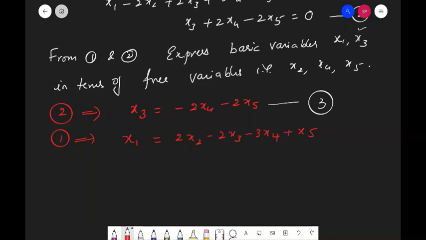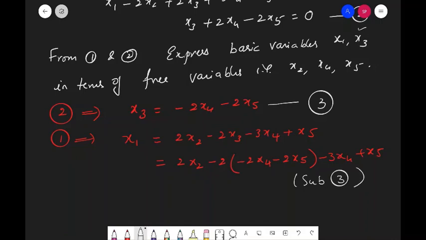In this I have x3 value already in 3. Substitute x3 value. So you will get 2x2 minus 2 into (minus 2x4 minus 2x5) minus 3x4 plus x5. So what did I do here? Substitute 3.